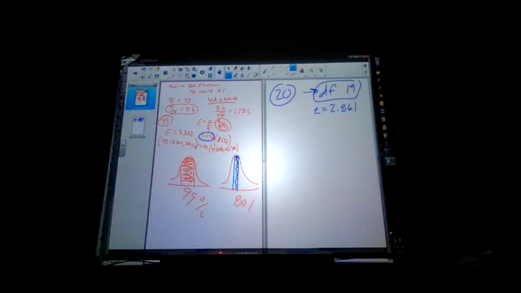But if you're using more than 30, you're just using that very bottom row. If I sample more than 30 people, then don't use your degrees of freedom. Go to the z-score. Even though this goes all the way up to 1,000, there are other tests in place, but for right now, if you have more than 30, so 31, 32, go to the z-score. Don't worry about it. Well, this has 500. I don't care.